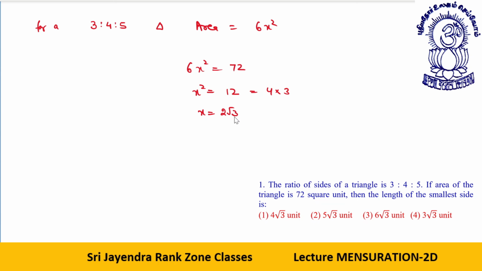Then the smallest side is 3x, 3 into 2 root 3, or 6 root 3. Option number 3 is our answer. Does it make sense, dear students?